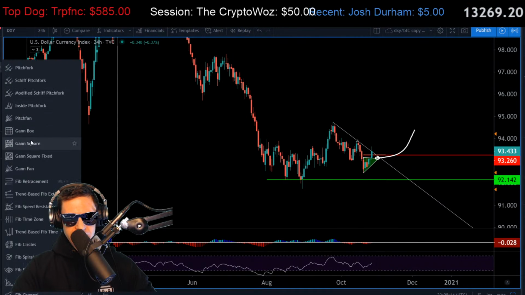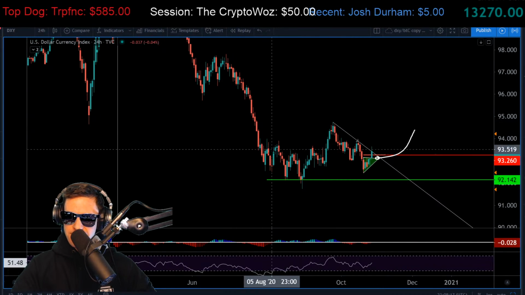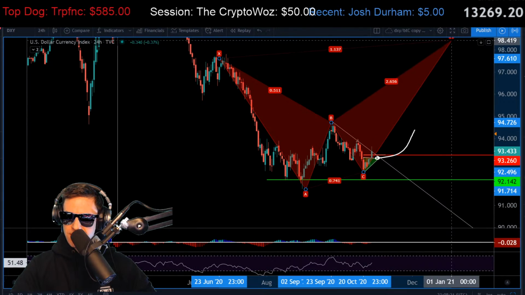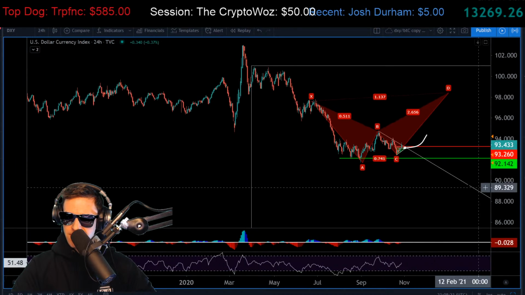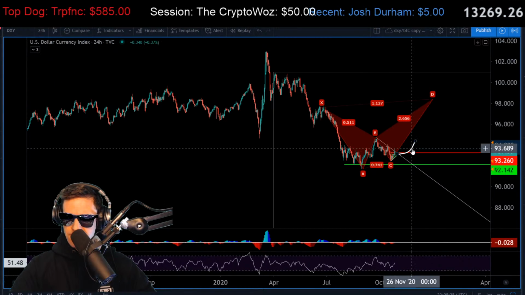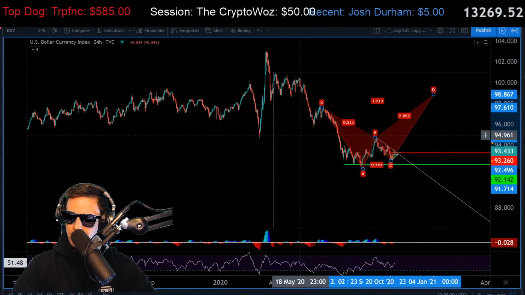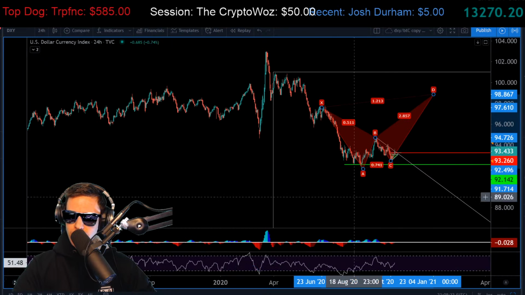What it looks like it could be setting up, and honestly, it sounds weird, in the most bullish of scenarios for the dollar, could be painting some kind of bearish harmonic. And this is like the most bullish case.